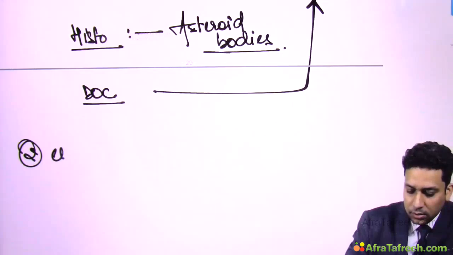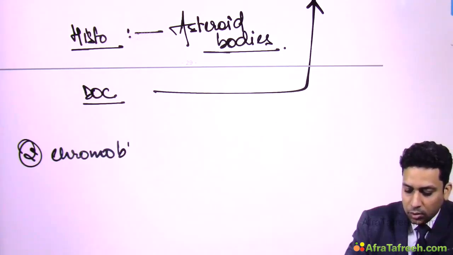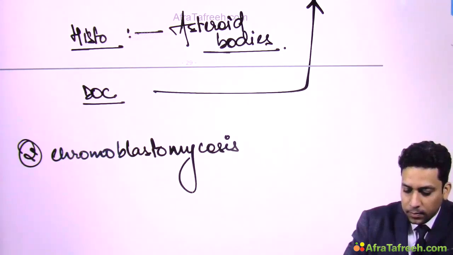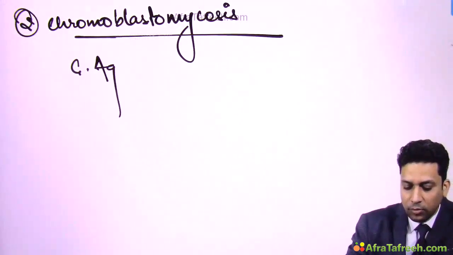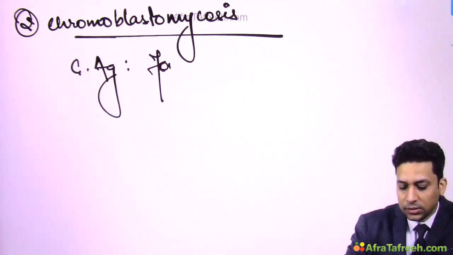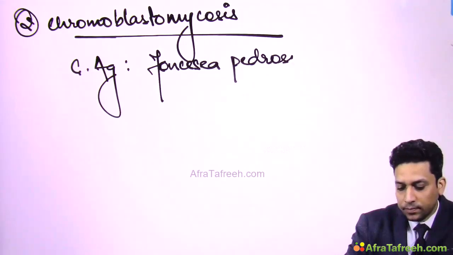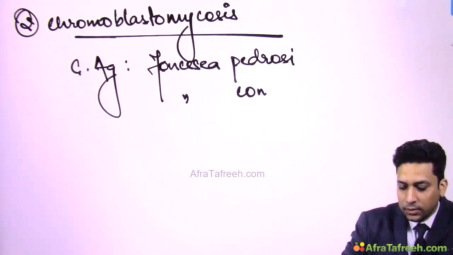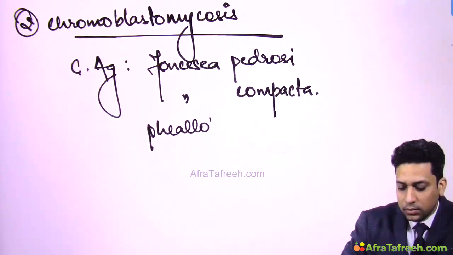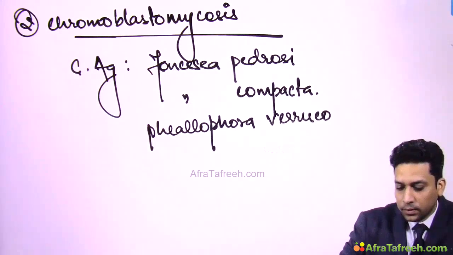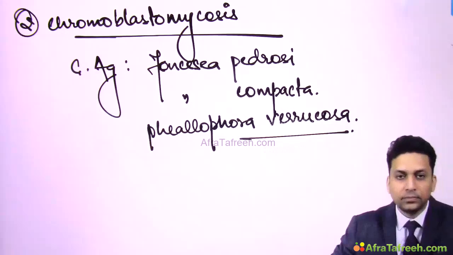Next is chromoblastomycosis. The causative agents for chromoblastomycosis are the Fonsecaea group of fungus, like Fonsecaea pedrosoi, Fonsecaea compacta, and Phialophora verrucosa.